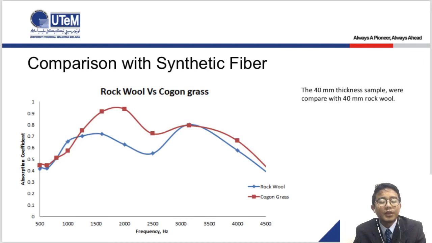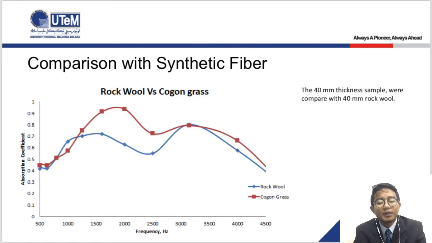The 40 mm sample thickness of COGON grass fiber and rock wool fiber is used to test the comparison of absorption coefficient. From the result graph shown, both of the samples are good absorption materials between the frequency of 1000 Hz and 4000 Hz, as the absorption coefficient is over 0.5.